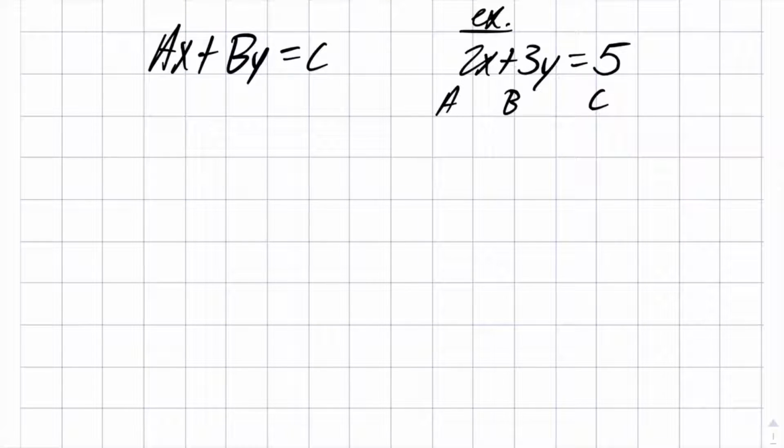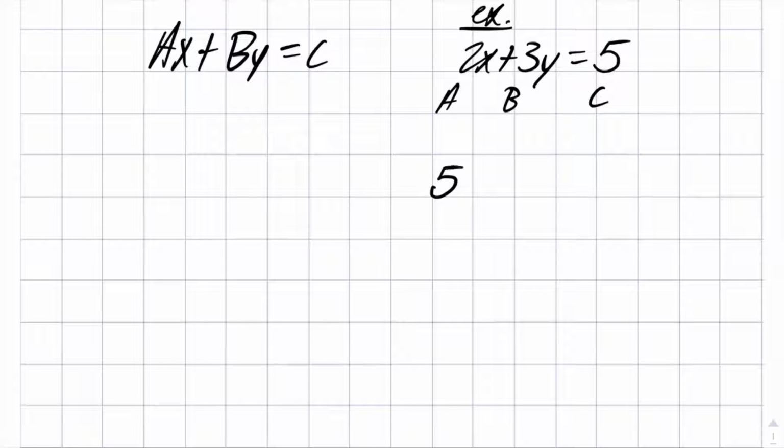Another example could be what we've been working on, 5s plus 10a equals 3,000. Although we have s and a, it'll still work the same way.